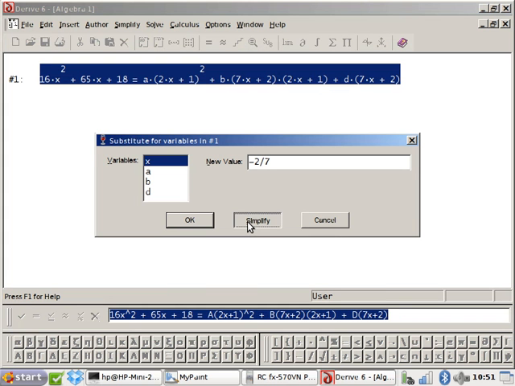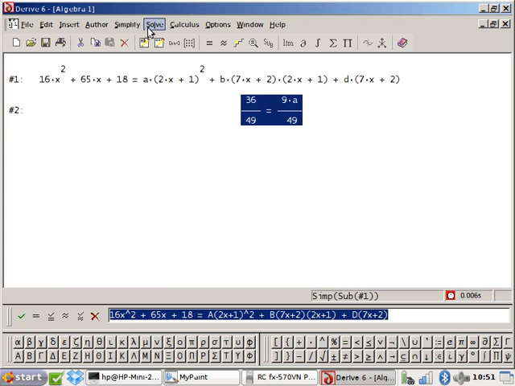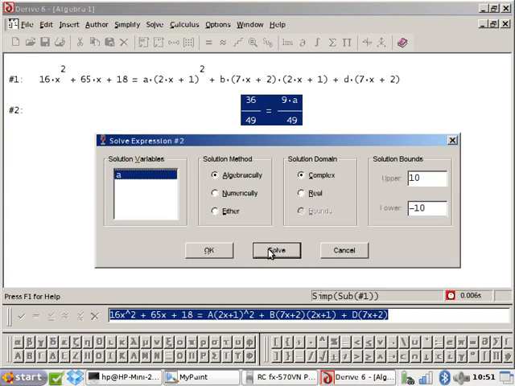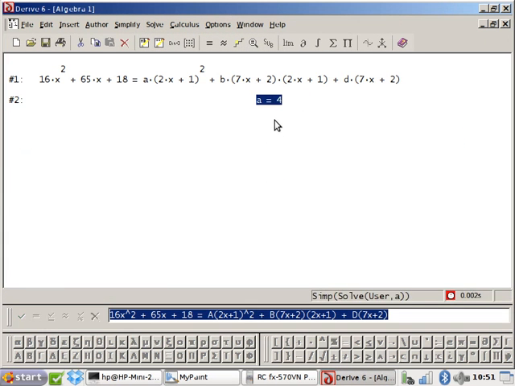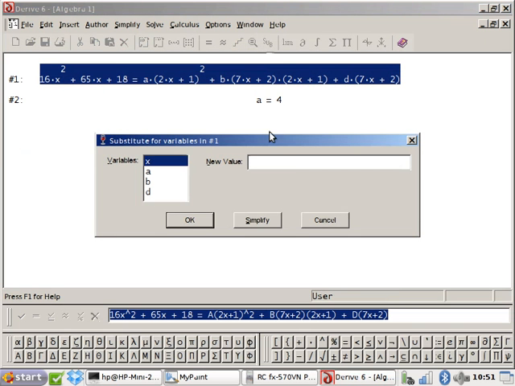So, if I put this value in, did you get a is 4? Okay, good. Now, for the next one, Jerry, what's the next value of x to put in? Okay.